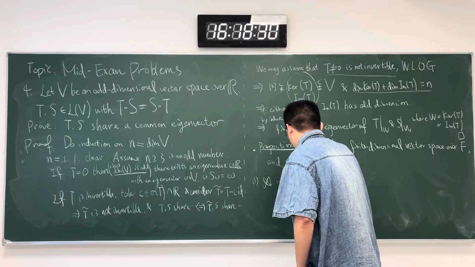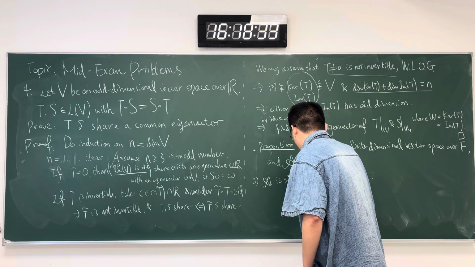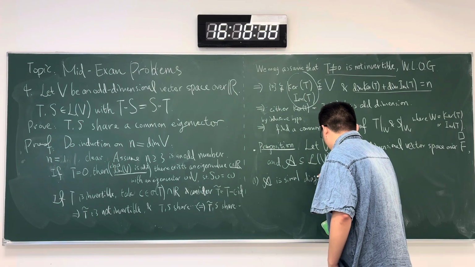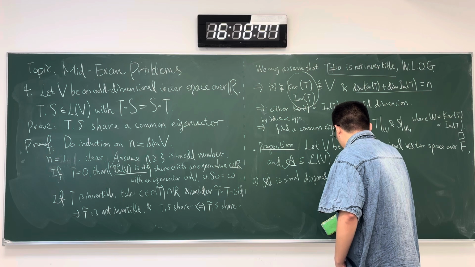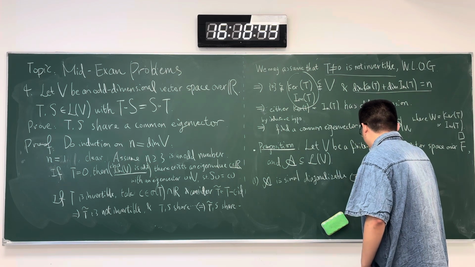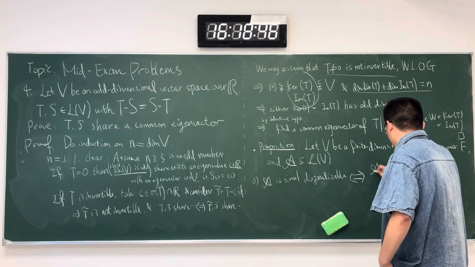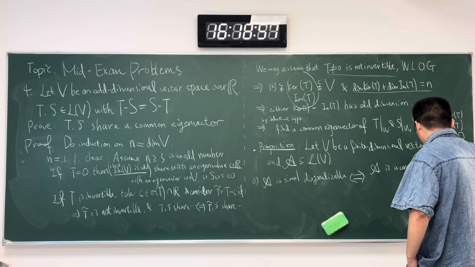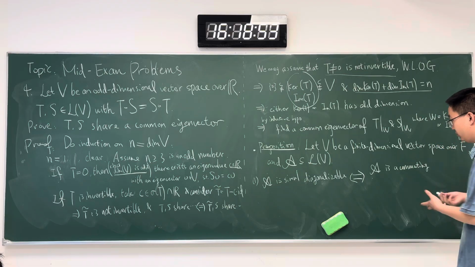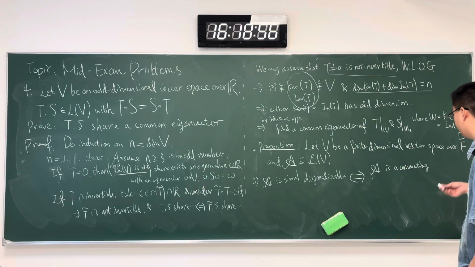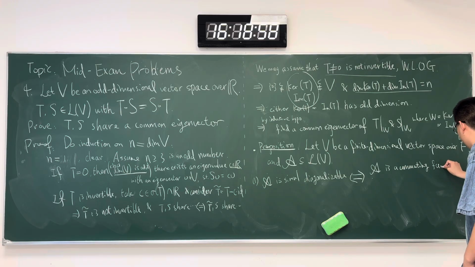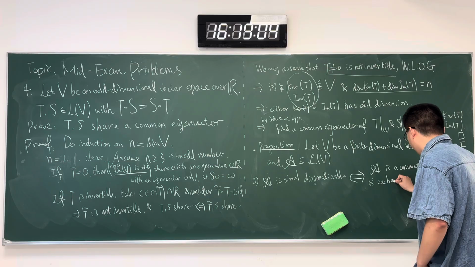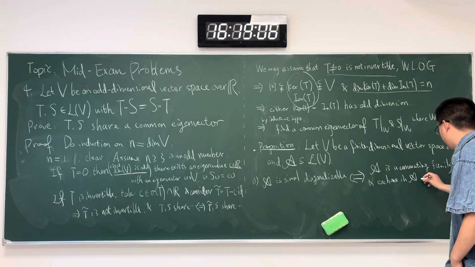Fancy A is simultaneously diagonalizable if and only if this fancy A is a commuting family, which means that every two linear transformations in fancy A commute with each other, and each linear transformation in fancy A is diagonalizable.